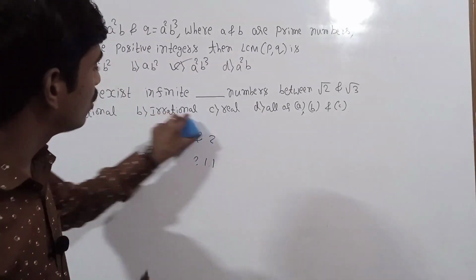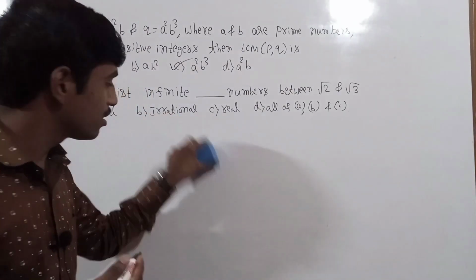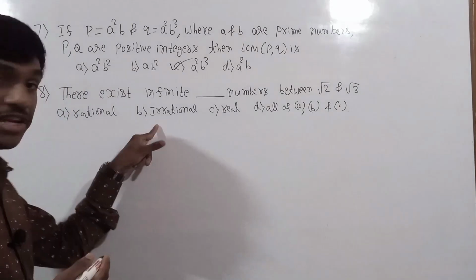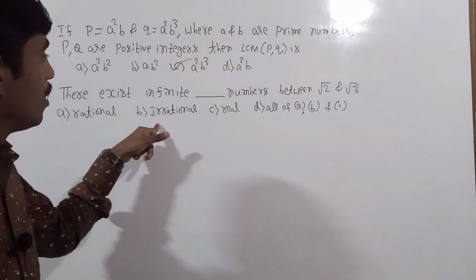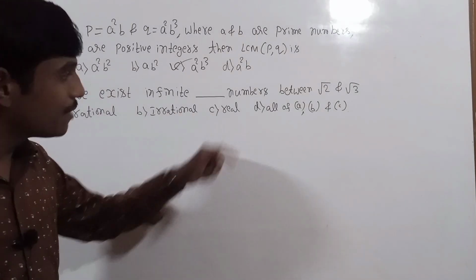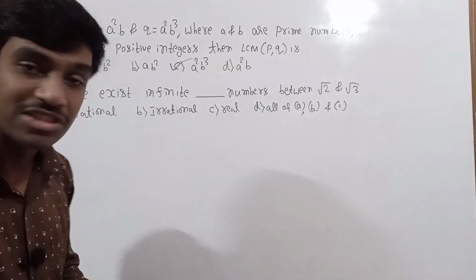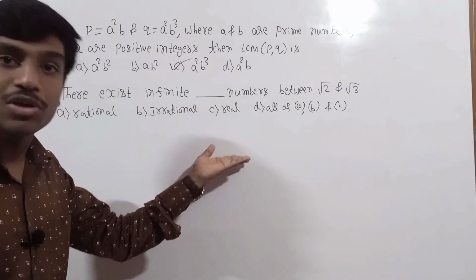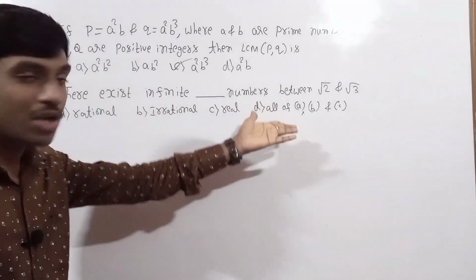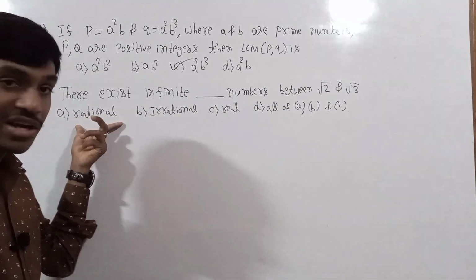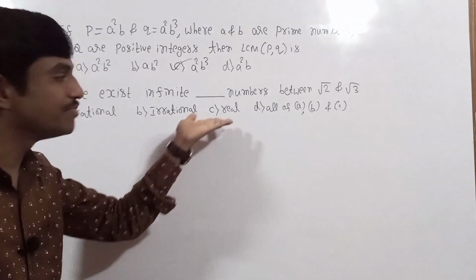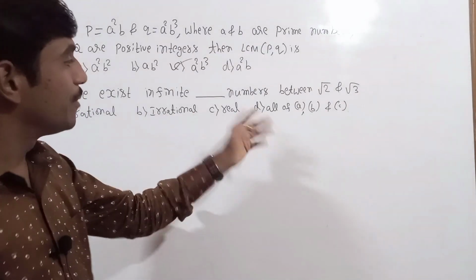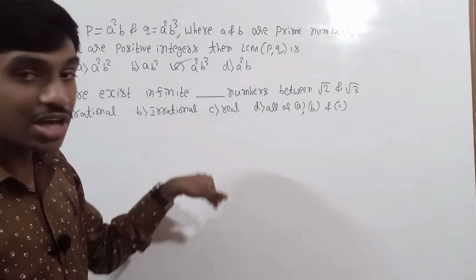Based on that concept, we can say that here the options rational and irrational, both they have given. So real also is there. Real numbers means it's a collection of both rational and irrational. That means option A is also correct, option B is also correct, option C is also correct, because between 2 numbers, if there are infinite rational numbers and infinite irrational numbers, that means basically infinite real numbers, because real numbers is a collection of both rational and irrational.